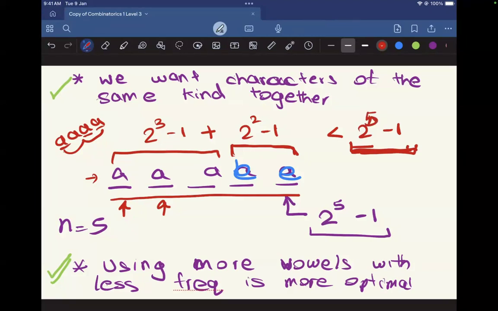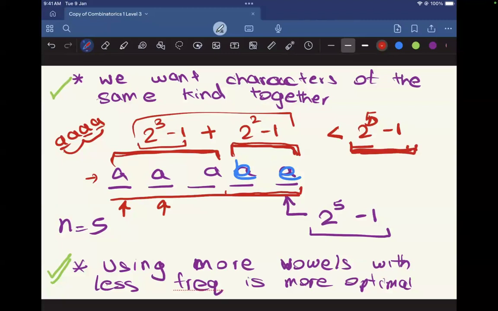Yes. Now, instead of having everything as A's, let me have half of them as E's. Do you see then the answer becomes 2 raised to 3 minus 1 plus 2 raised to 2 minus 1? And can you notice this answer right here is smaller than 2 raised to 5 minus 1? Okay.